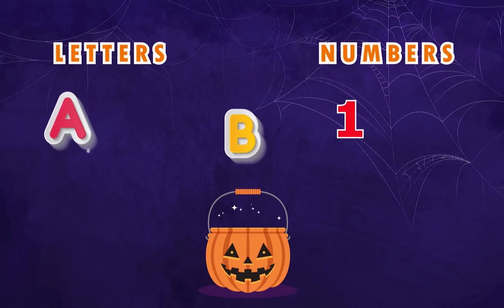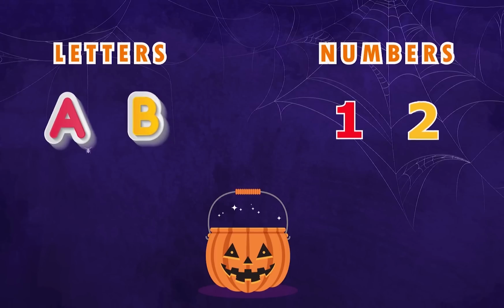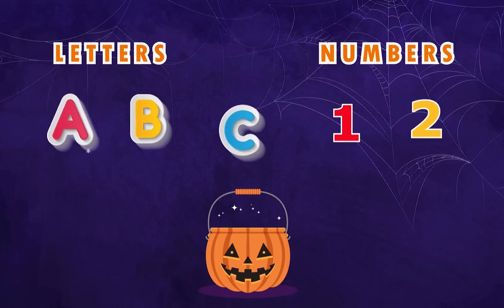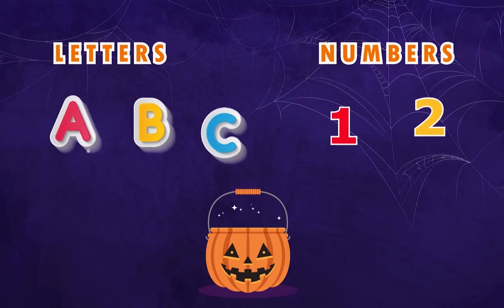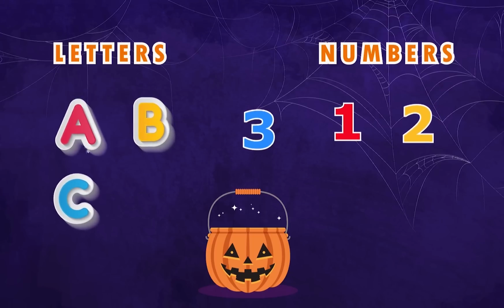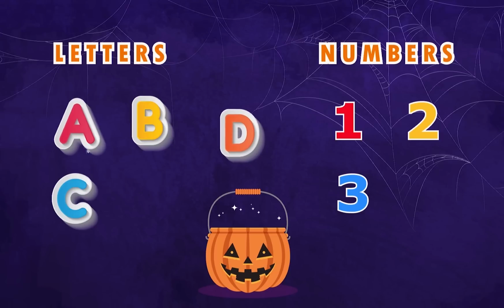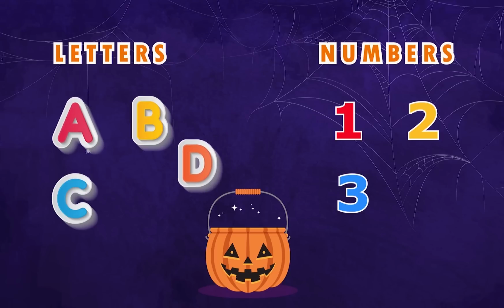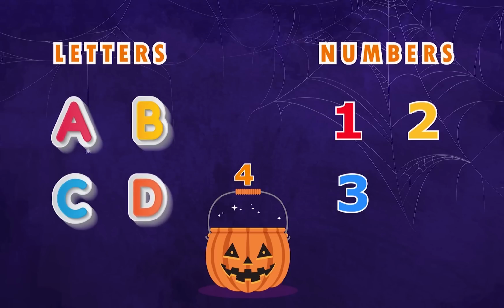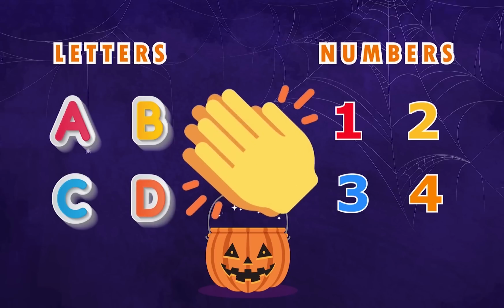This one, letter B. And this is number 2. Next is letter C. This one is number 3. This is a letter D. And this one is number 4. Good job, kids!